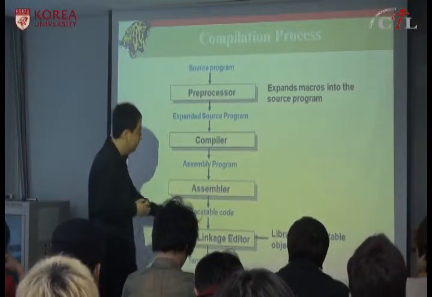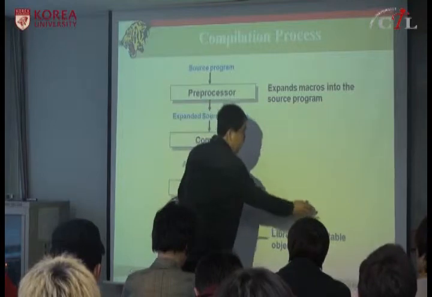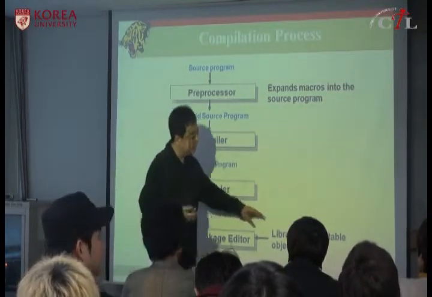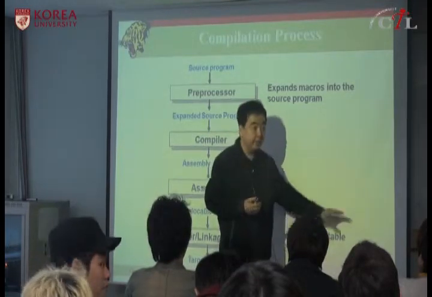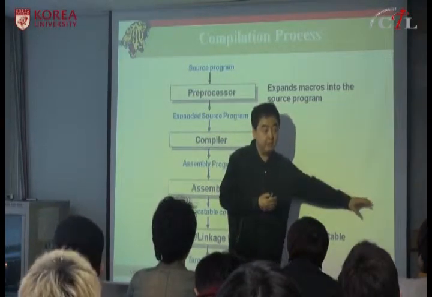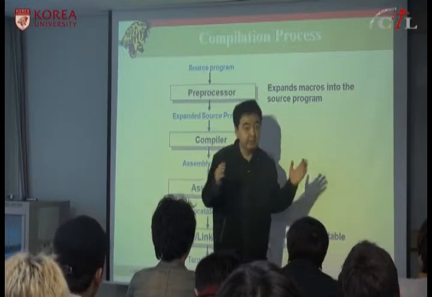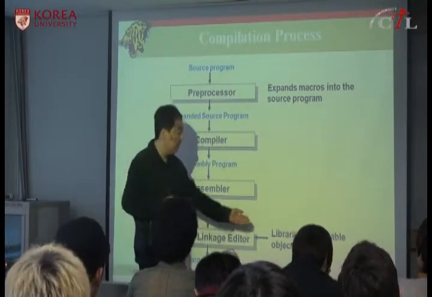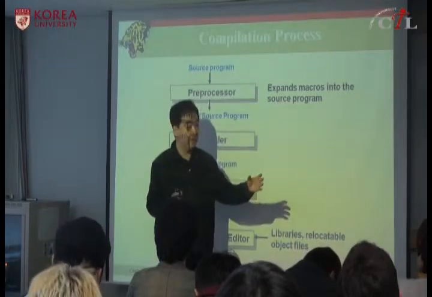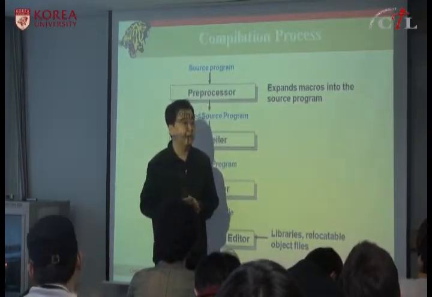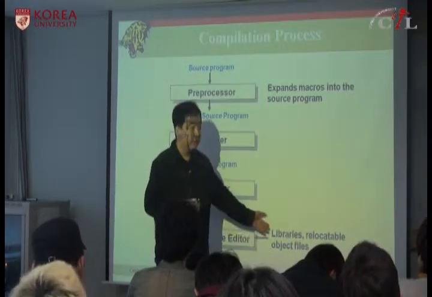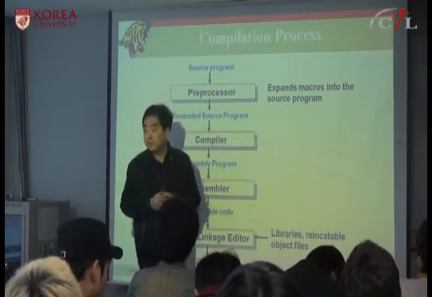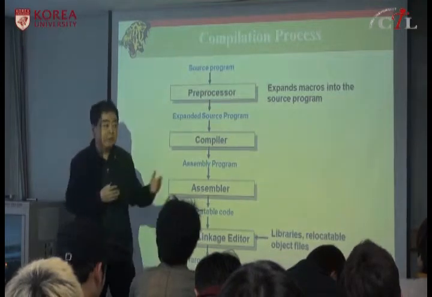The linker takes multiple relocatable object files and links them together. If some object files call another function in a library, it also links the object files from the library and generates a single executable file. A library is a collection of relocatable object files. There can be a standard C library or a math library. You can call a sine or cosine function, and you don't have to copy them all.